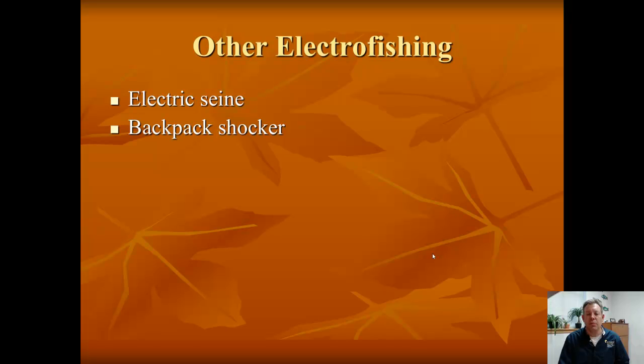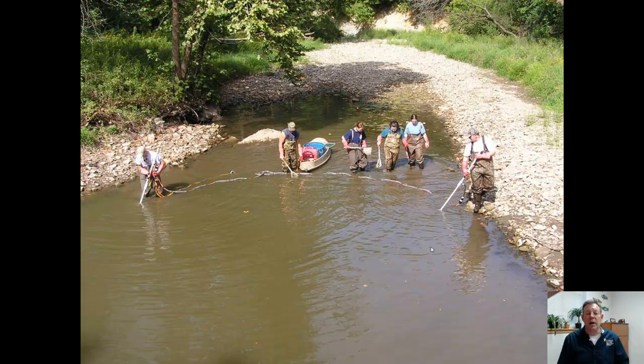Other examples of electrofishing on a smaller scale, we've got an electric seine here. So you've got several students. Here's a generator right there. And you've got these droppers all along this seine right here.